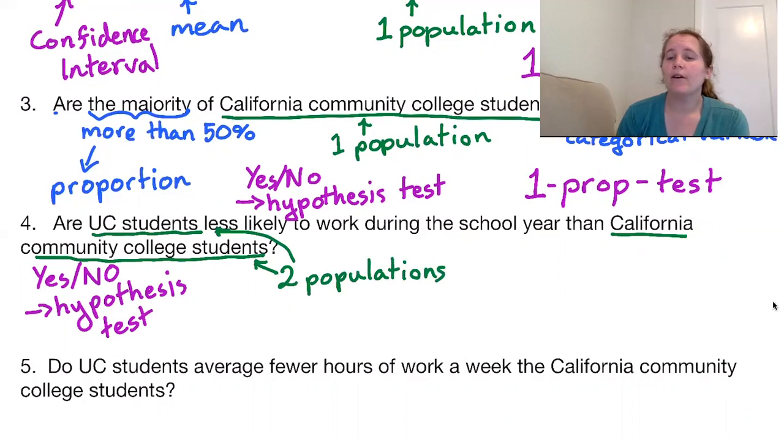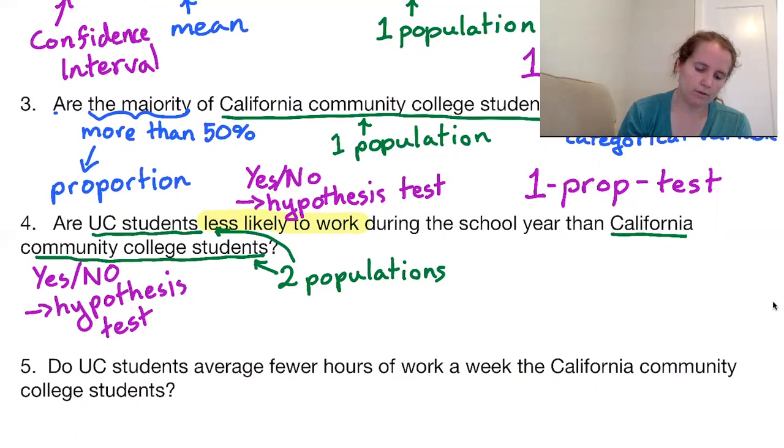And we are asking, are they less likely to work? So we were looking at the likelihood to work. We are essentially comparing the percentage that work.